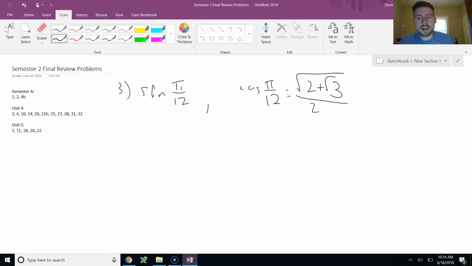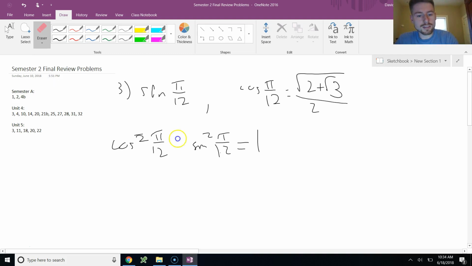We'll just use the Pythagorean identity, which says that cosine squared pi over 12 plus sine squared pi over 12 is equal to 1. So when you add cosine squared and sine squared, you get 1. And we'll substitute in what we know cosine pi over 12 to be.